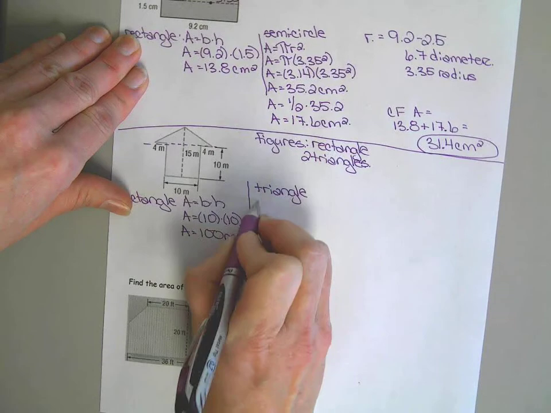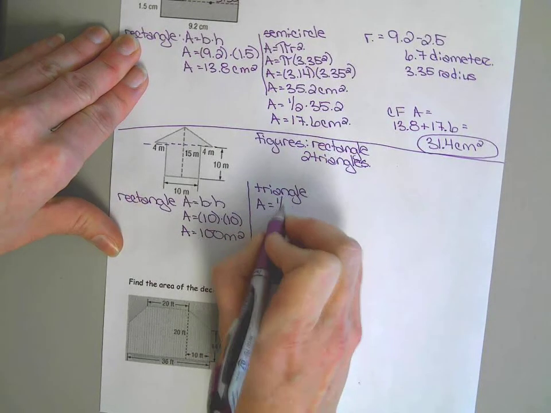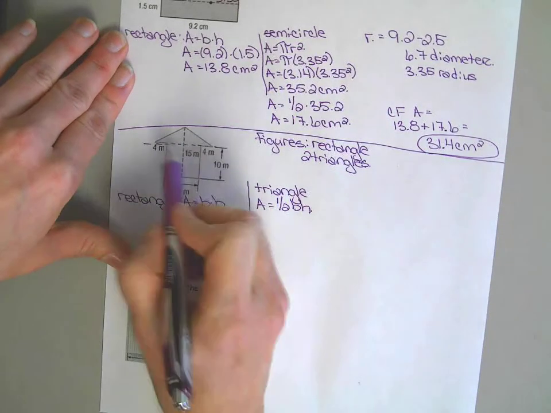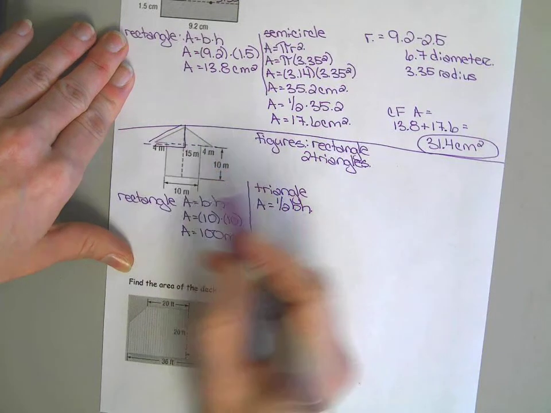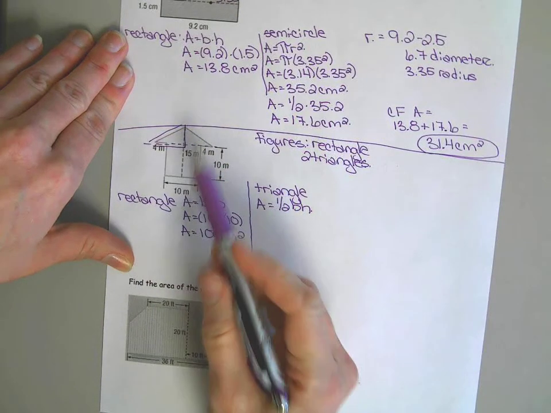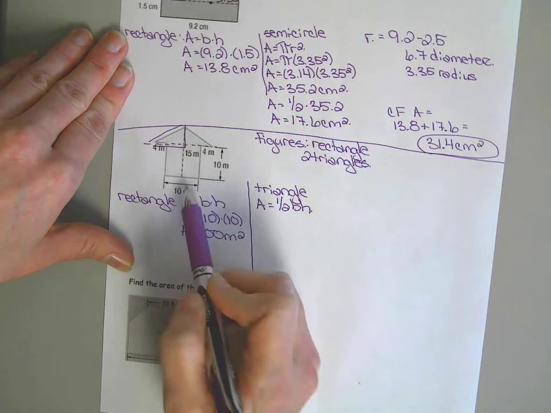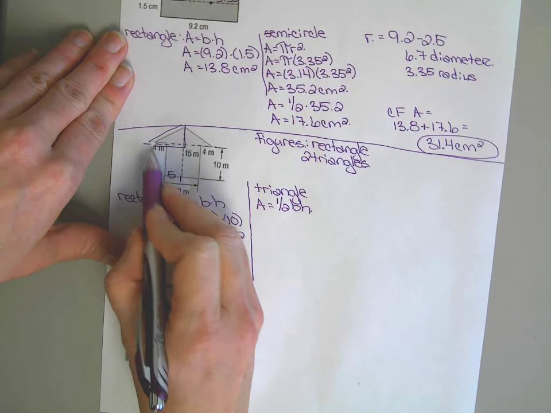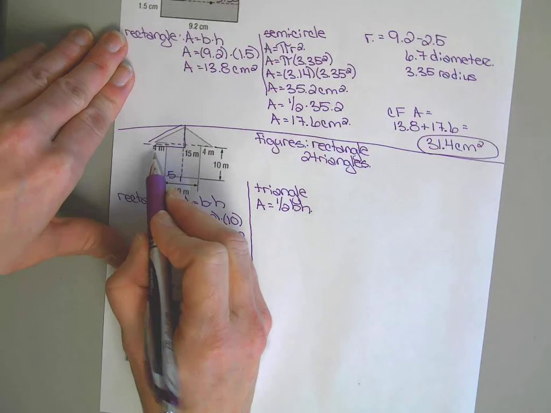For the triangle, we know the formula for area of a triangle is half times your base times your height. Do we know the base of this triangle? We do not. We do know that this base of the rectangle is 10, therefore half would be 5, and added to this end of the rooftop hanging over would be 4.